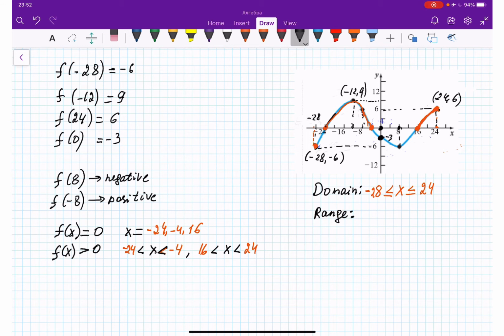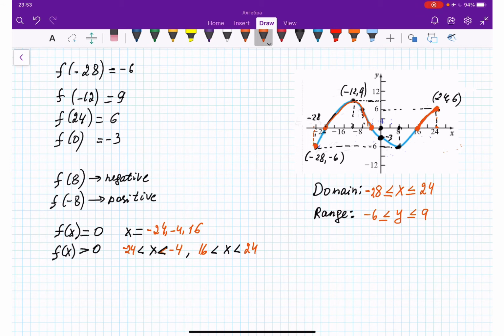Is this one, right? Which is negative 6, and the highest point on the y is positive 9, right? So the range is going to change between, with equal sign also, negative 6 and positive 9.